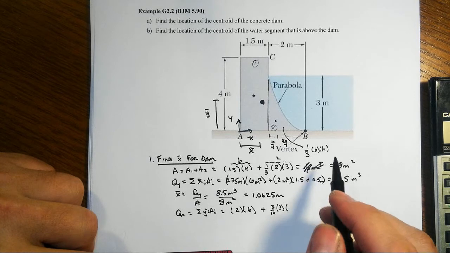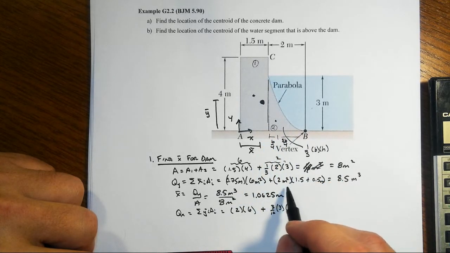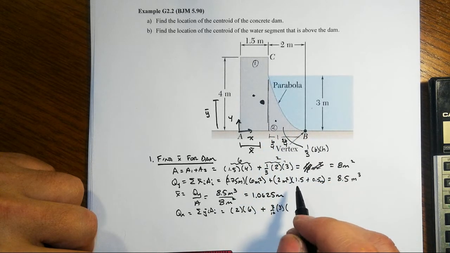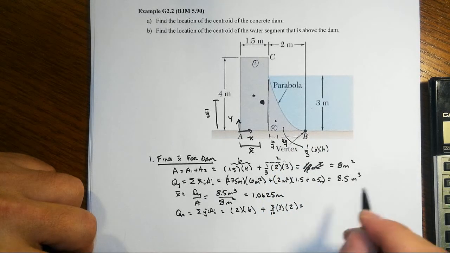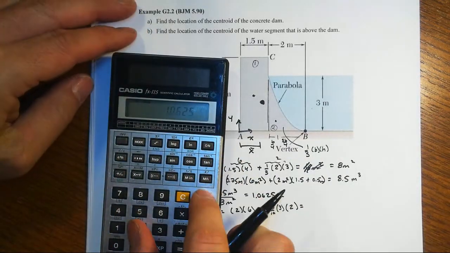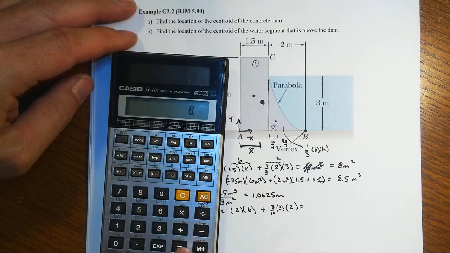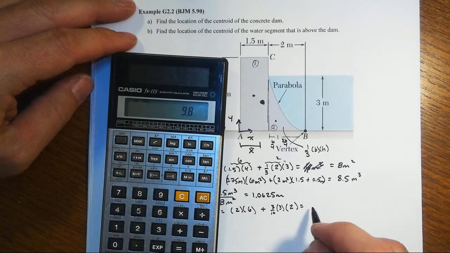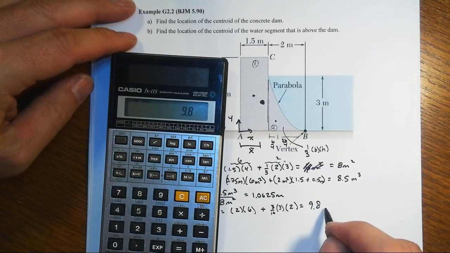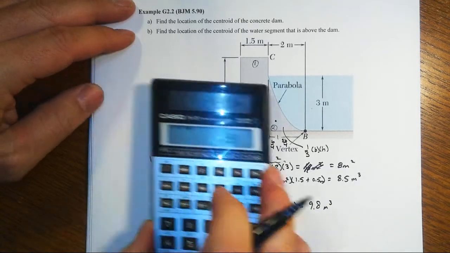Got to look that one up. Times then the area, which we decided was 2 square meters. And so that's going to be an 8 plus 9/18 divided by 10, or 9.8 cubic meters.